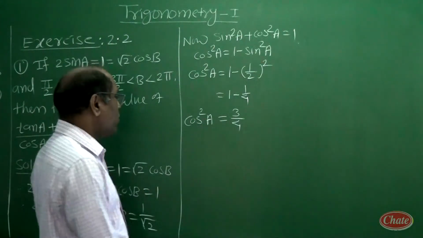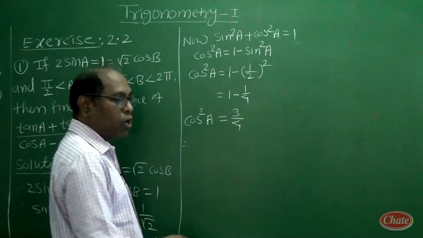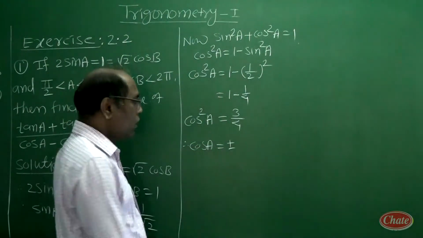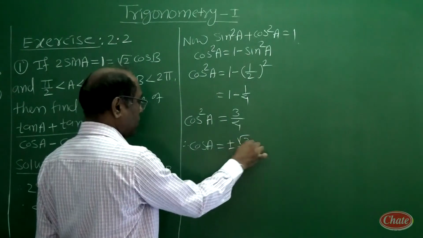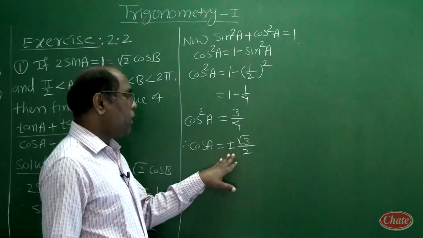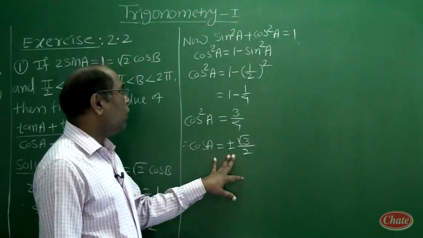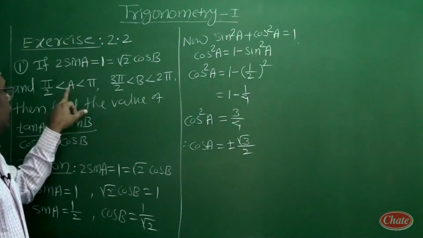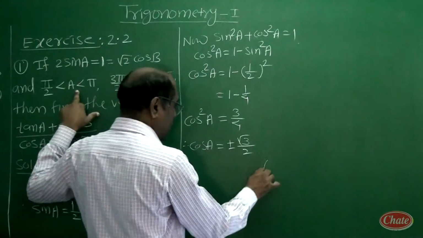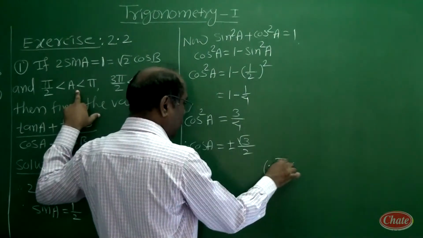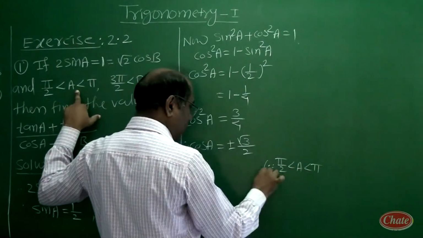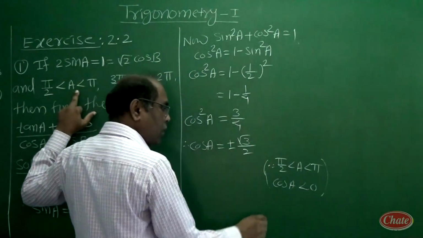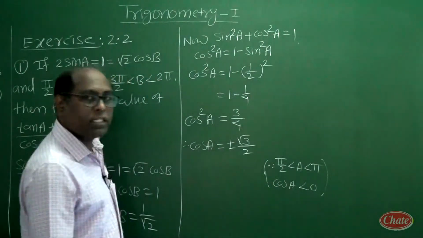Now take the square root on both sides. What do we get? Cos A is equal to plus or minus root 3 by 2. Now here A lies in the second quadrant, pi by 2 less than A less than pi, and therefore cos A is less than 0.